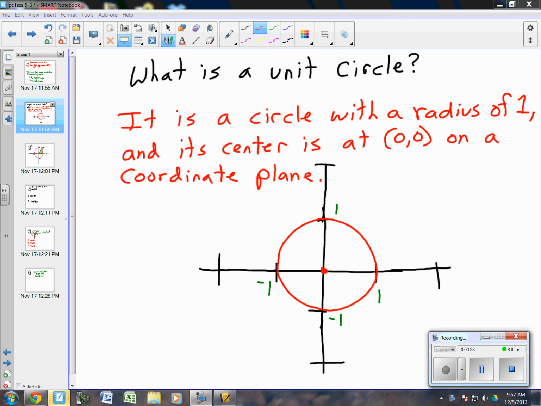If you think of unit, 1 unit, we're thinking of a radius of 1. And you notice it goes out to 1 here, up to 1 there, to -1 there, down to -1 there. It's a really small circle, isn't it? Depending on your scale. My scale is kind of big right here. But a unit circle is really small, and we use it to define the 6 trig functions.